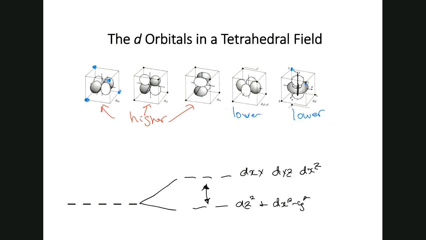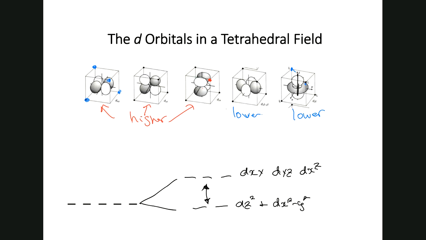My dxy, dyz, and dxz: if I look at where the ligand is, I see that they're not directly in line with those orbitals either, but they're close enough, and so they'll be repelled more than the other two, and therefore they'll become higher in energy just because they're closer to the point charge.